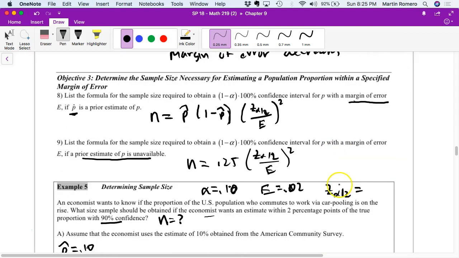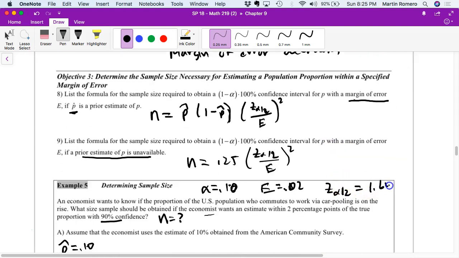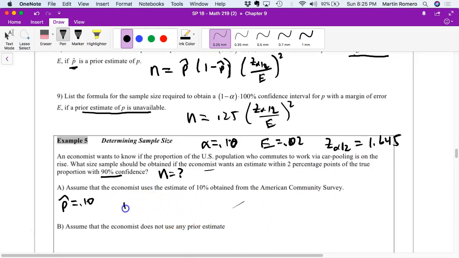So we need all these values, and then we can go ahead and make the calculation. That's just going to be 0.10 times 0.90 times 1.645 over 0.02, squared. That's how simple it's going to be.